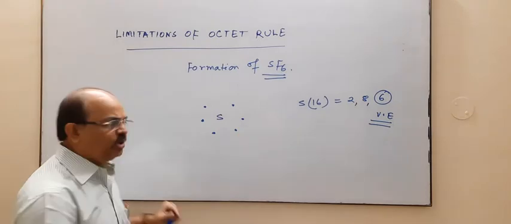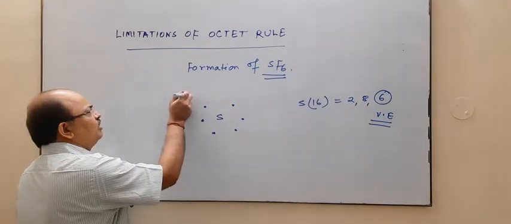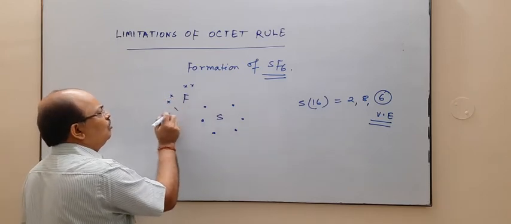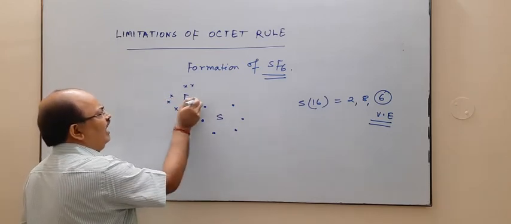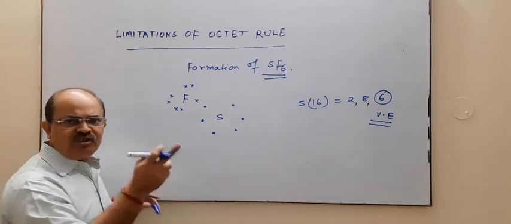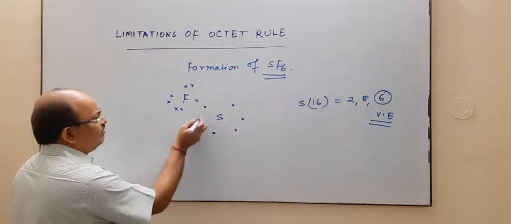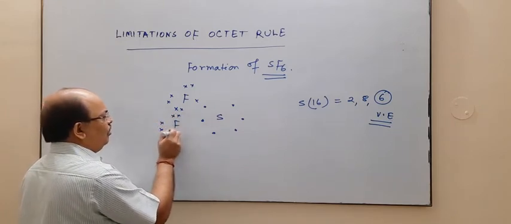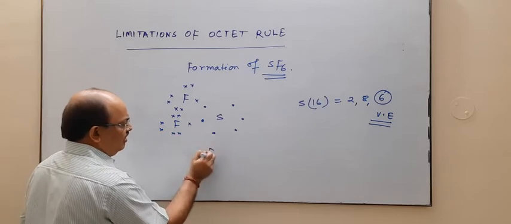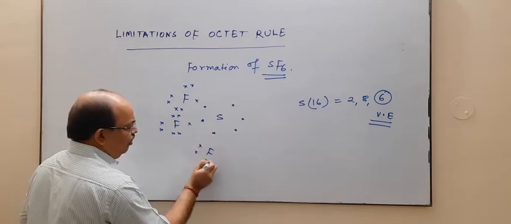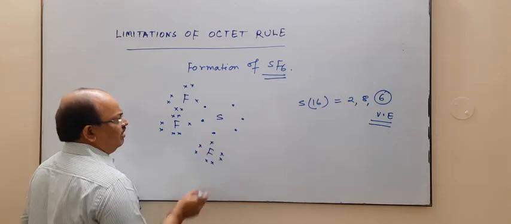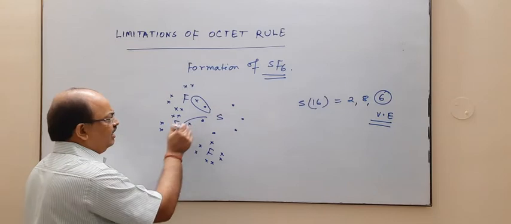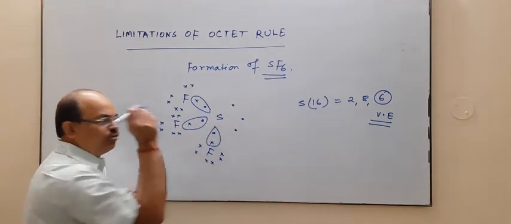Now there are 6 फ्लोरीन भी आपके पास। एक फ्लोरीन यहाँ लिख दिया। It is 2, 4, 6 and 7, because the valence electron of fluorine is 7. दूसरा फ्लोरीन 2, 4, 6 and 7. ये थर्ड फ्लोरीन 2, 4, 6 and 7. तो देखिए ये यहाँ शेयरिंग किया. This is one covalent bond, this is another covalent bond, this is third covalent bond.